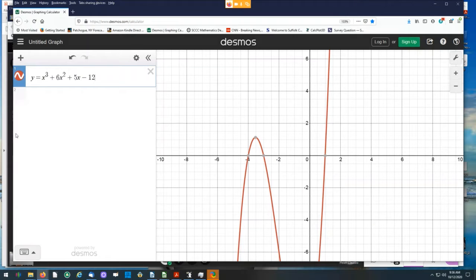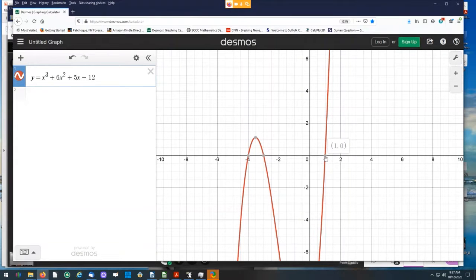Looking over here, it looks like we have a couple of potential real zeros. This one right here is x equals 1. If I just click on that, that's my real zero. This looks like -3, and that looks like -4. We can validate this, but this is an easy one.